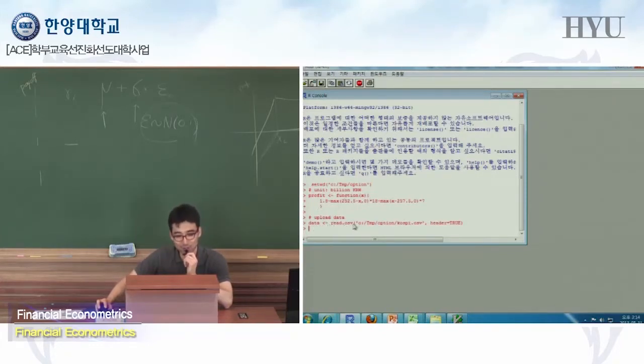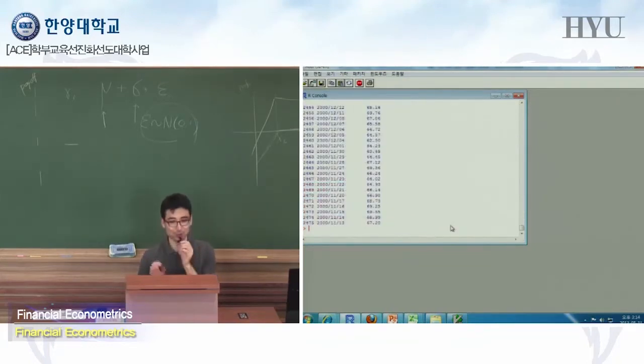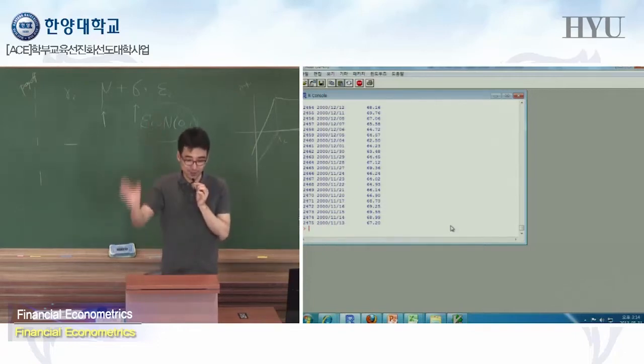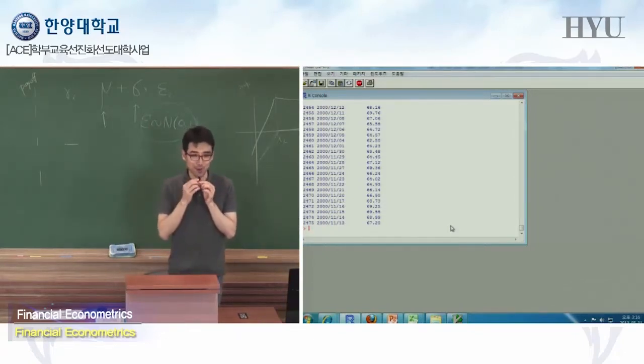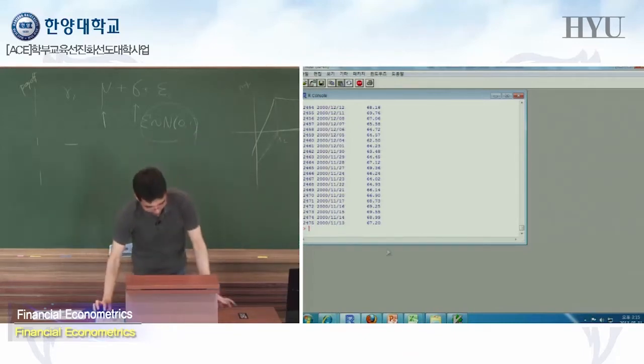Data is read CSV, the path, I read the CSV file, and header is true, right? Header was true, so it is fine. So let me type the data, and it looks like this. So this is correct. And the second column of my data set is the part I need.